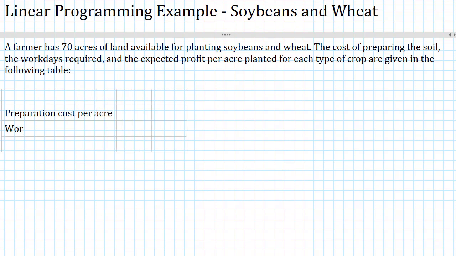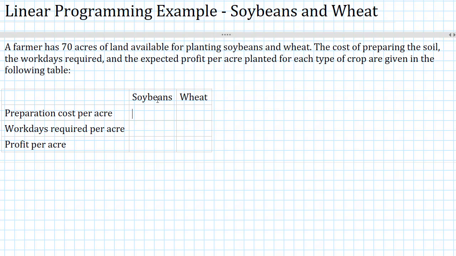We're going to have the workdays required per acre. And again, the reason I'm typing all this out in the video is in case you're taking notes, you can write it up with me as you go. Then we've got the profit per acre. Okay, and we need to list these for both soybeans and wheat.